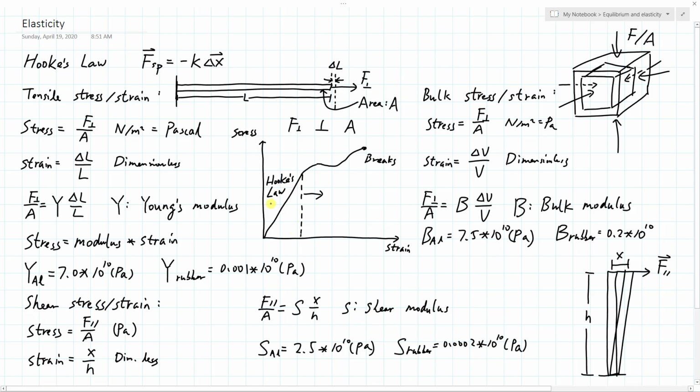But in most cases, when we're discussing stress and strain, we're not trying to stretch or compress an object beyond Hooke's law. For example, a very common application of the Young's modulus, or the shear modulus, is to make a digital scale.